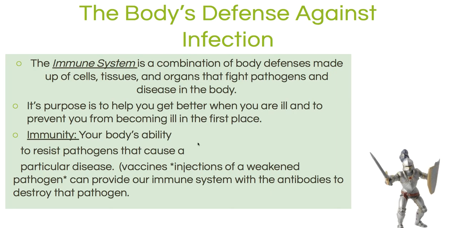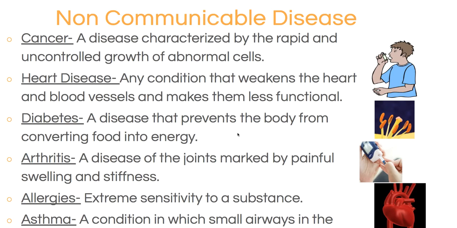Okay, so you have a question on your Google Doc. What is the immune system? What do we mean by immunity? Reminder here of what a vaccination is, or what a vaccine is, and how it works. We're coming on to that.